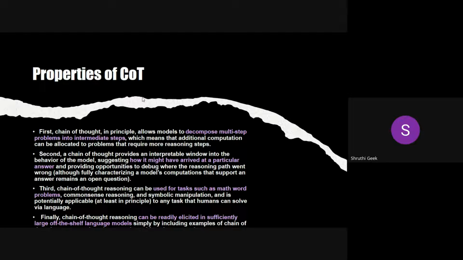Even in the paper, they used most of the evaluation benchmarks across math problem solving and common sense reasoning to see how well it performs over standard prompting. Finally, chain of thought reasoning can be readily elicited in sufficiently large off-the-shelf language models simply by including examples of chain of thoughts.